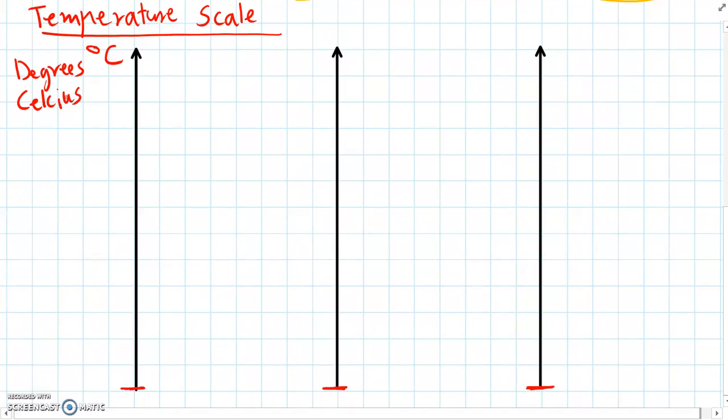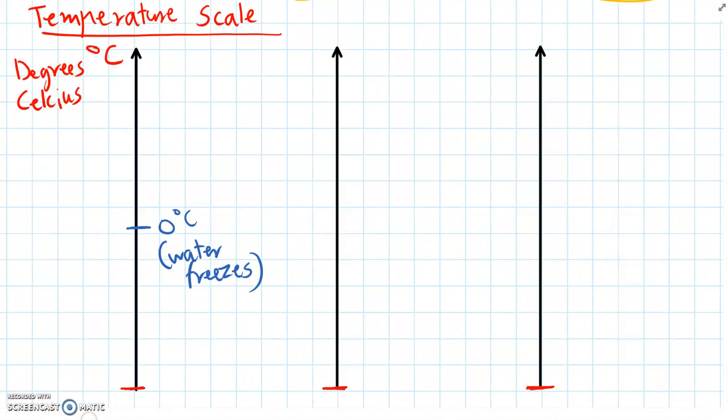And the way that degrees Celsius works is it's based around 0 degrees Celsius being when water freezes. And that's what scientists decided when they created the Celsius scale. And then they also said, let's look at when water boils, and we'll call that 100 degrees Celsius.